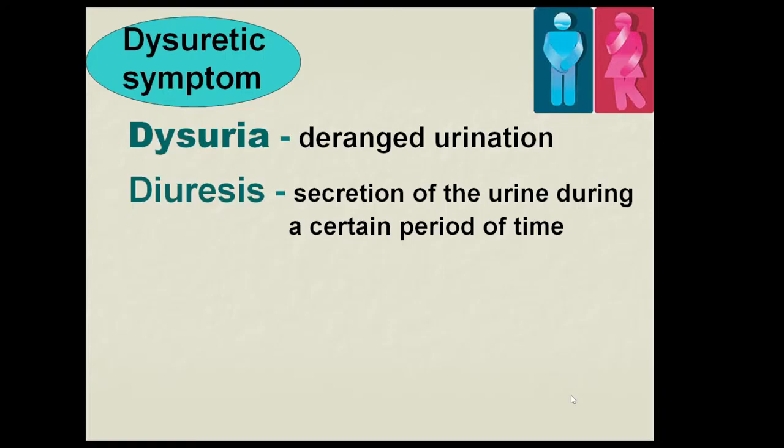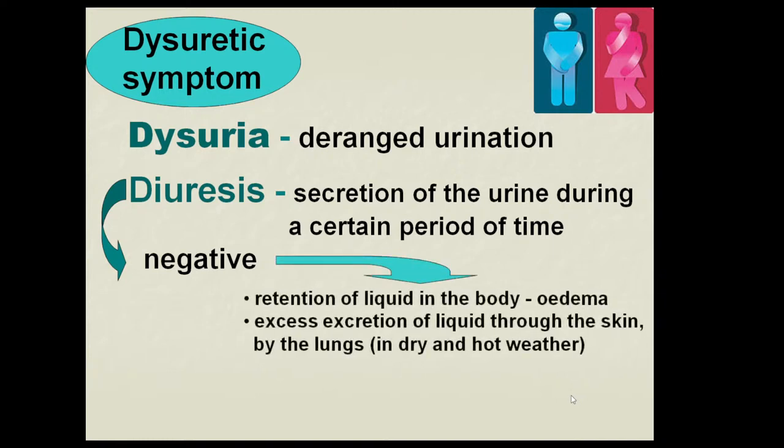We distinguish daily diuresis, when we count the amount of urine during a daily period, night diuresis, maybe 1 hour or 3 hours diuresis, maybe whole day diuresis. When we are talking about diuresis, it must be compared with intake of liquid, and depending on the correlation between intake liquid and amount of excreted urine, we are talking about negative or positive diuresis.